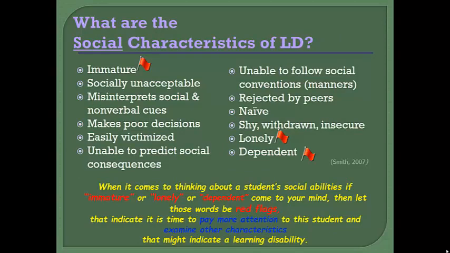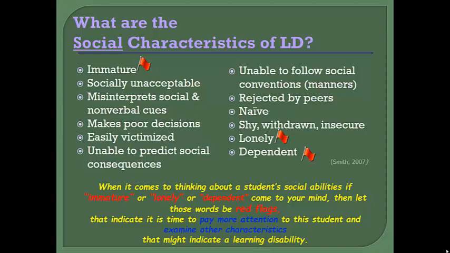What are the social characteristics of LD? Immature, socially unacceptable, misinterprets social and nonverbal cues, makes poor decisions, easily victimized, unable to predict social consequences, unable to follow social conventions such as manners, rejected by peers, naive, shy, withdrawn, insecure, lonely, dependent.